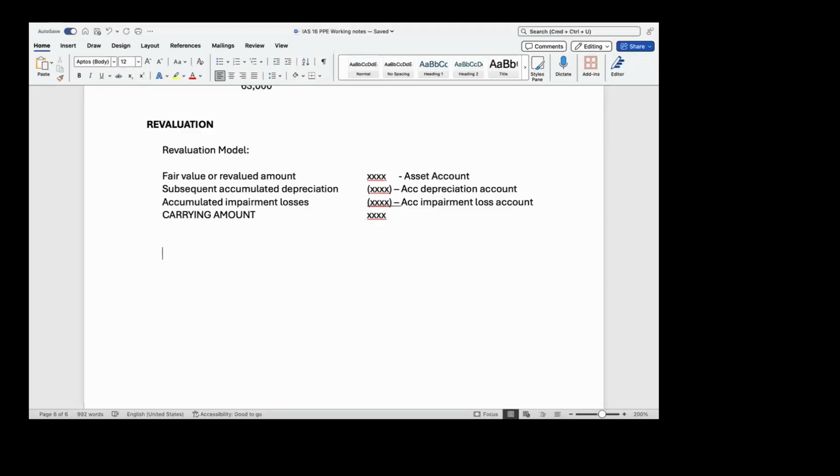They choose the revaluation model, even though they will spend more money, because they will have to get a valuer to help them determine this fair value or revalued amount.